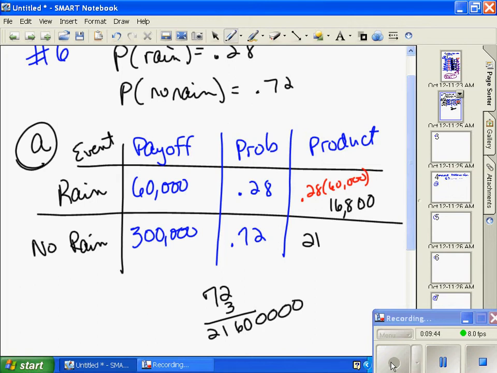But I multiplied 0.72 times 300,000. So I'm going to move the decimal 2 places over because I have 2 decimal places. So I'm going to have for my final answer there 216 and then 3 zeros. So I have 216,000 for that number.